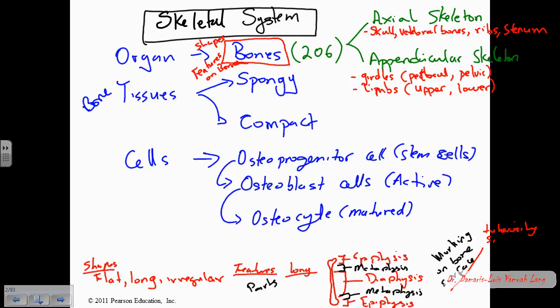Tuberosity is a small, rough projection on the bone. When it's a large, rough projection, they call it trochanter. And you can see that on the femur.